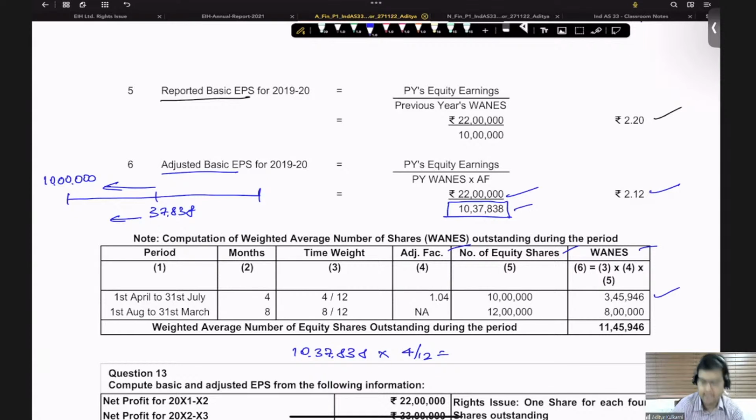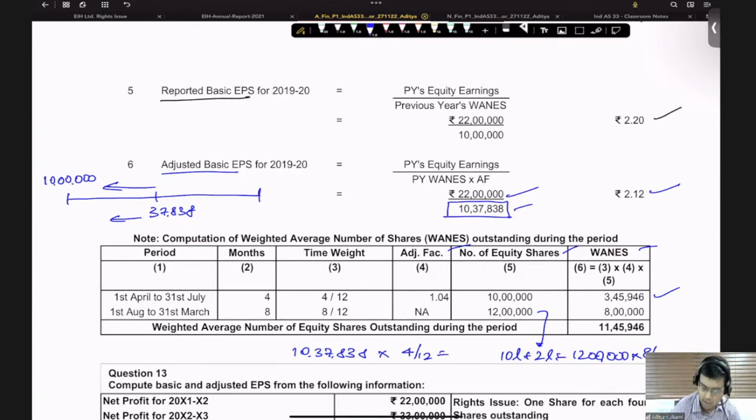This comes to exactly 3,45,946. And later on in the capital structure, how many shares you are having? Sir, later on we are having 12 lakh shares. 10 lakh plus 2 lakh, 12 lakh shares into 8 by 12.